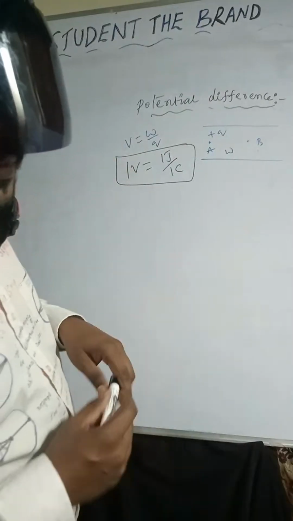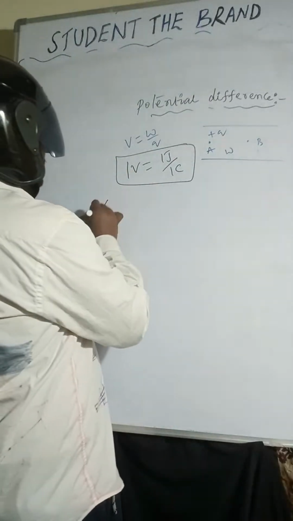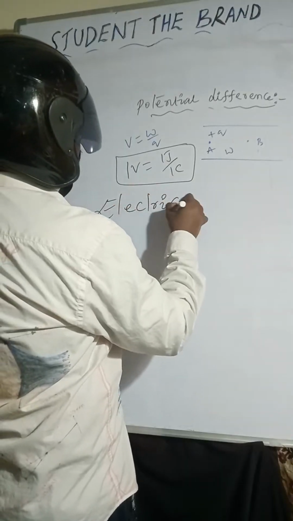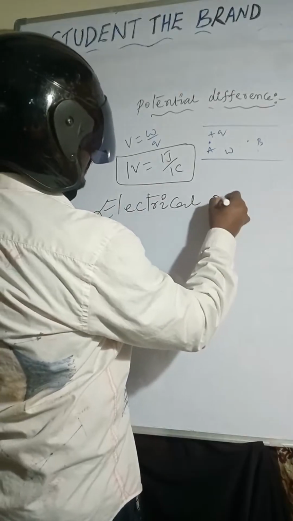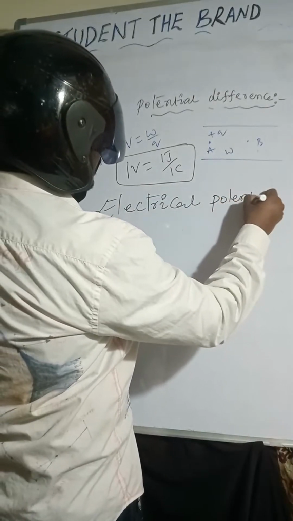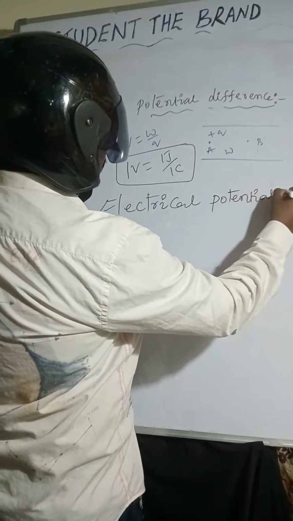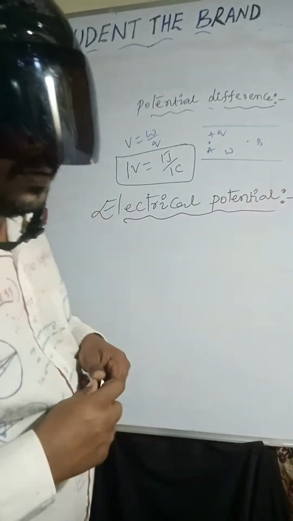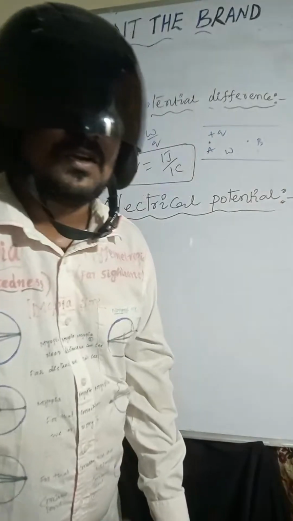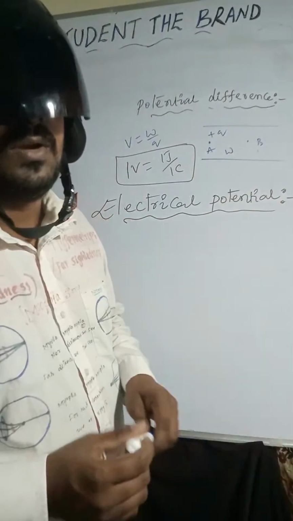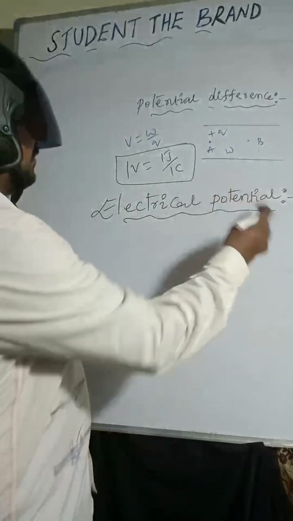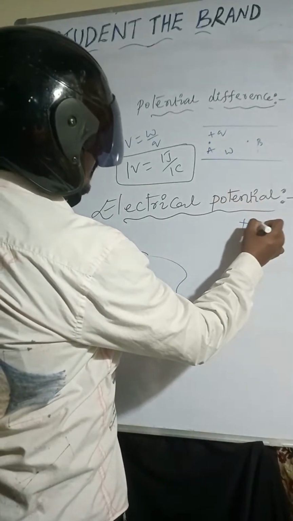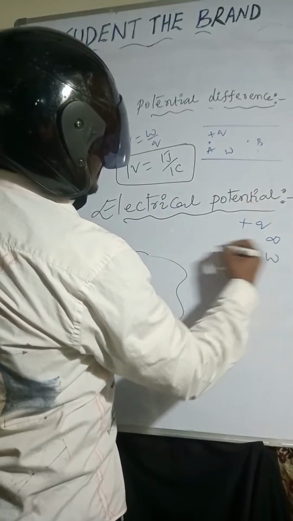Coming to electrical potential. Electrical potential is the work done to bring unit positive charge from infinity to the required field. Suppose this is the field and this is a positive charge; from infinity we are doing some work.